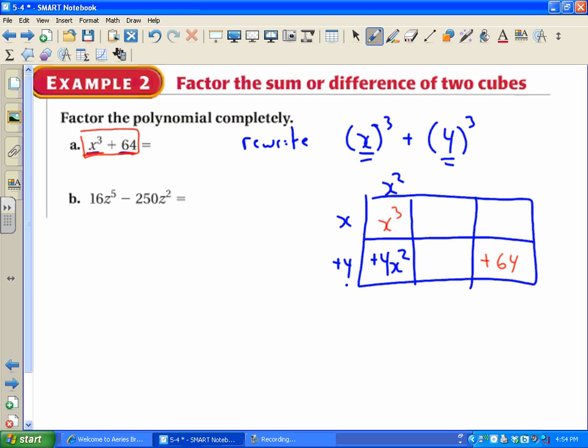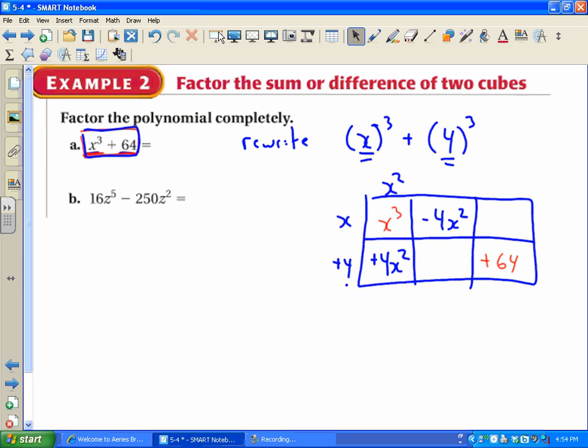Since I want things to cancel out, because again, x cubed plus 64 doesn't have any guts, it doesn't have any middle terms to it. If that's a 4x squared there, I need to have a negative 4x squared up here.